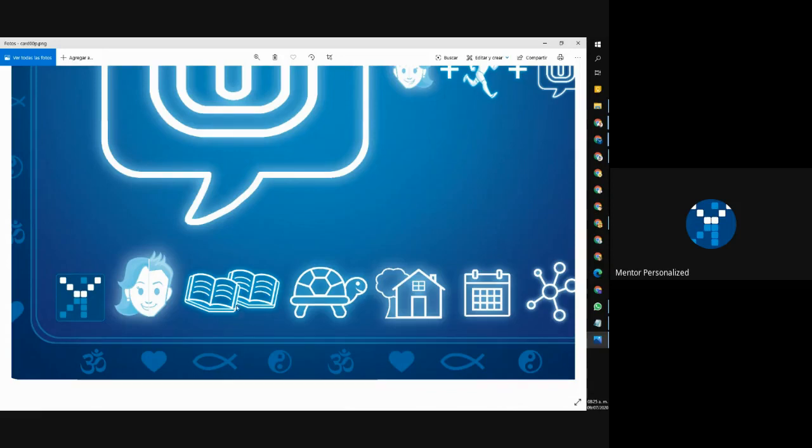What is the plural of book? Books. And the plural of glass? Glasses. Very good, very good.